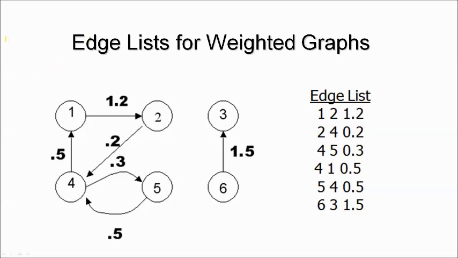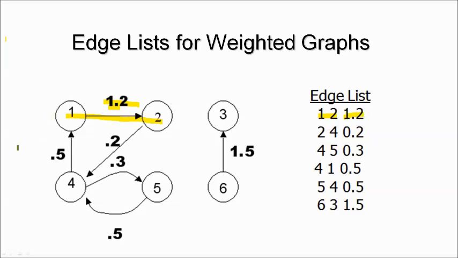For example, okay, from vertex 1, the direction is what? The arc is going to vertex 2, okay? So edge 1 to edge 2, I have a weight of 1.2, okay?